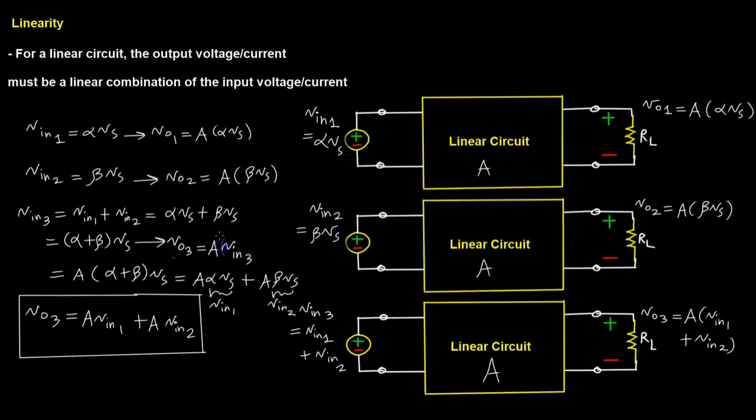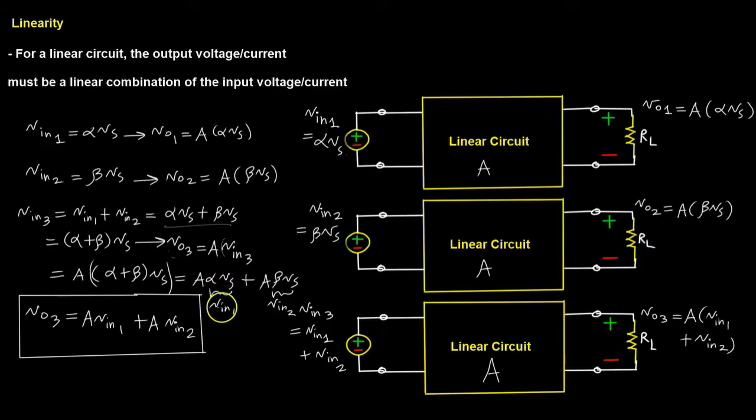Now Vn3 is alpha plus beta times Vs, so if I plug that into the expression for the input, I would have A times alpha plus beta times Vs. I can put another parenthesis here to make it clear. And factoring those out, we would get the following result.